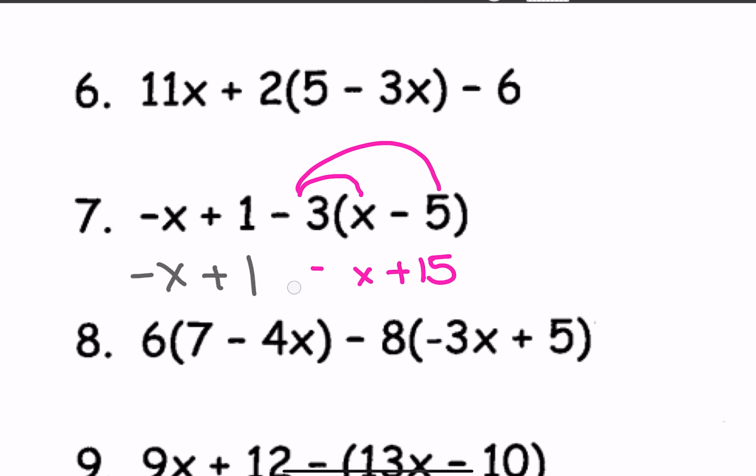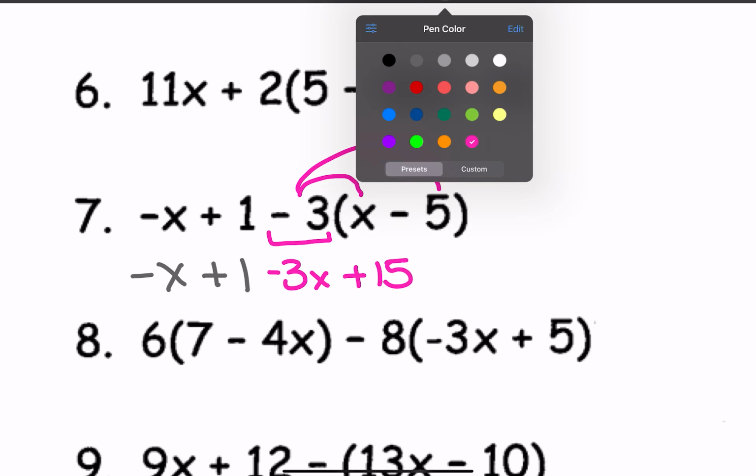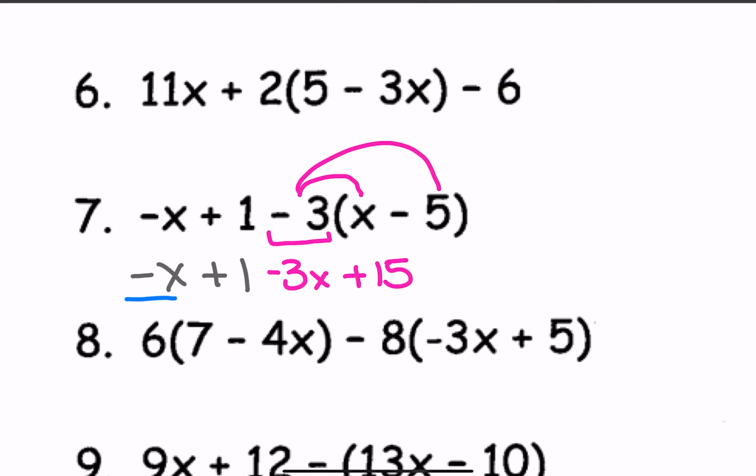Now let's scooch that just a little bit closer. Okay, so now we're going to combine like terms. We got a couple sets of like terms. We have negative x minus 3x. Those are like terms.